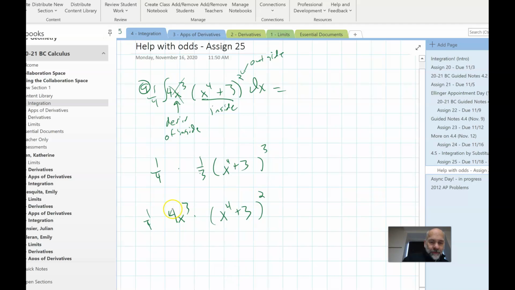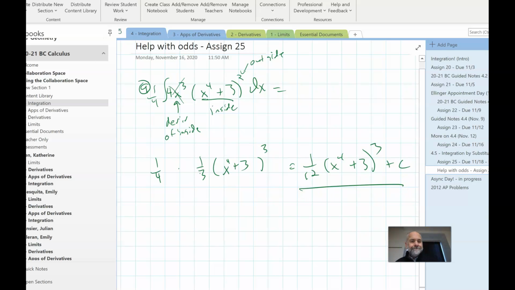I get x cubed and x to the fourth plus 3, and that was what the original problem was before I started tinkering with it. So that's how I can tell I'm doing this right. My answer then is 1/12 times x to the fourth plus 3 to the third, plus c. Boom.